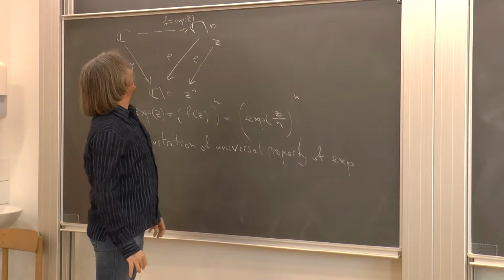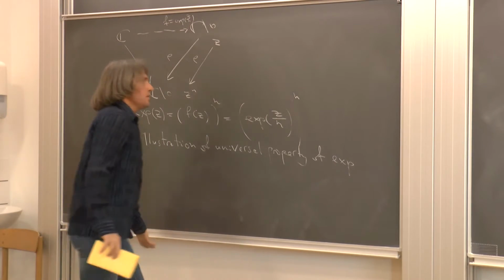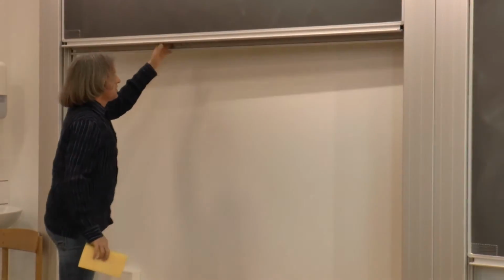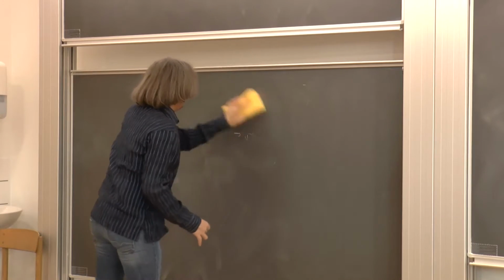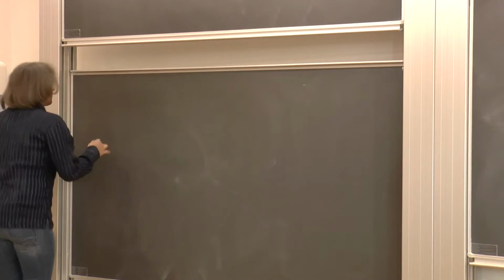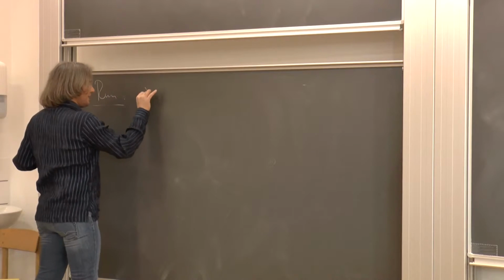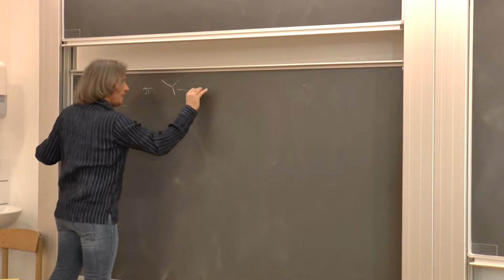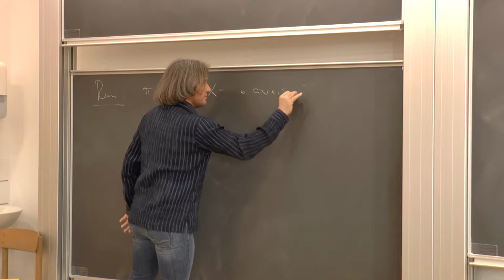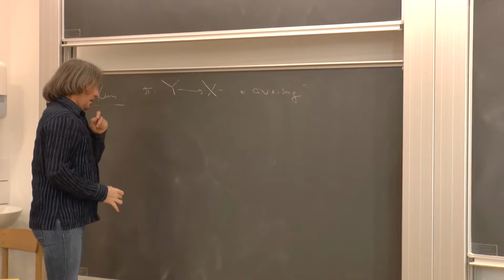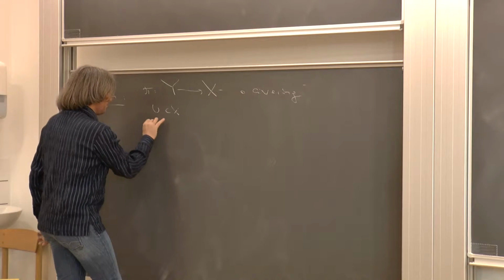Good. I think it's time to mention another very easy property. So this is a remark. Let phi from Y to X be a covering. And let U be in X open.